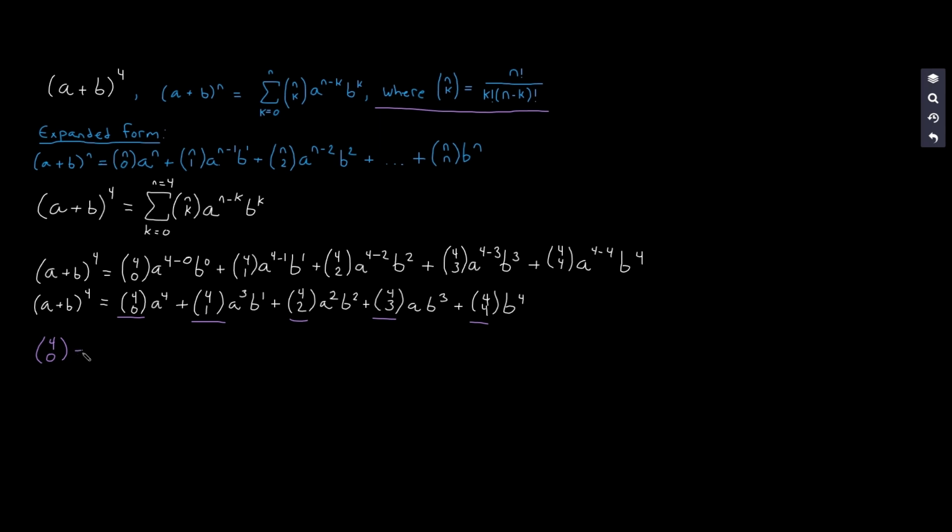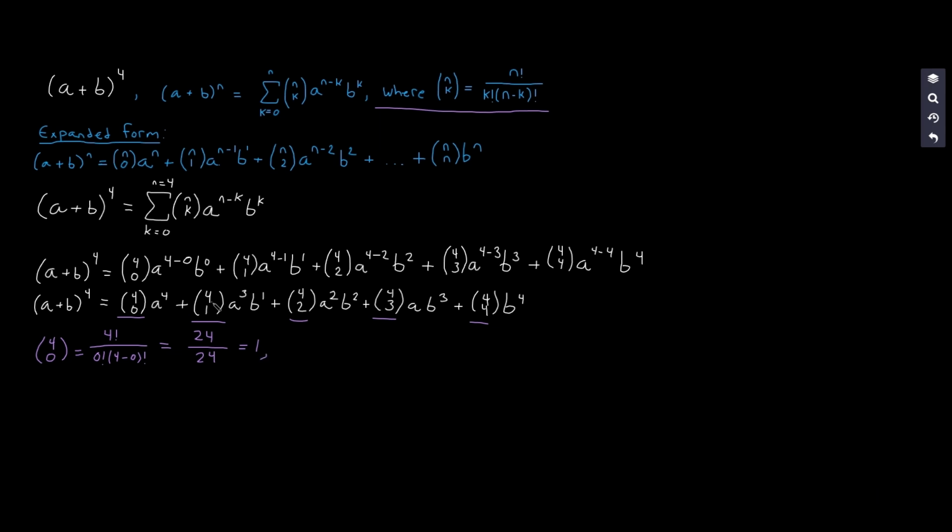So that's going to be 4 factorial over 0 factorial times 4 minus 0 factorial. Well, 0 factorial is 1. 4 factorial is 24. So we're going to have 1 times 24 in the denominator. It's just going to be 24 over 24, which is just going to be 1.